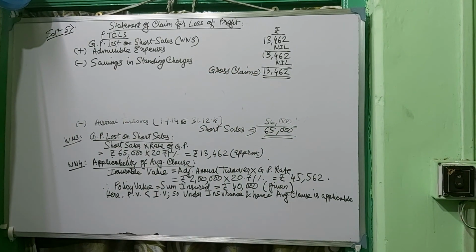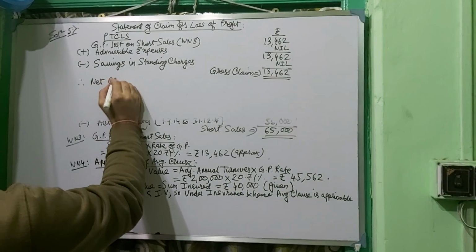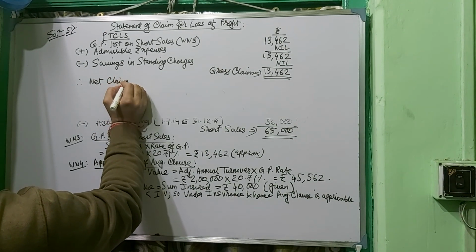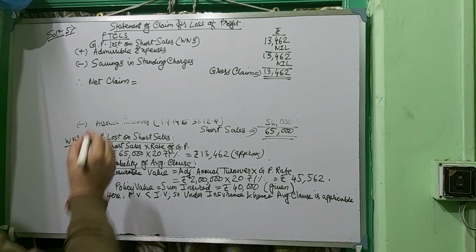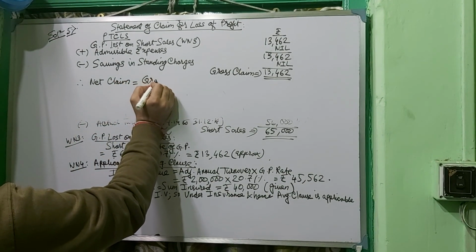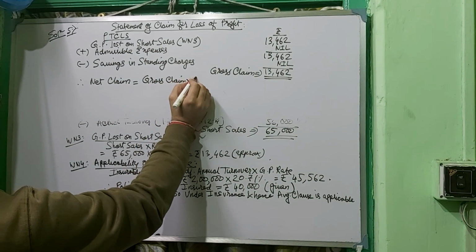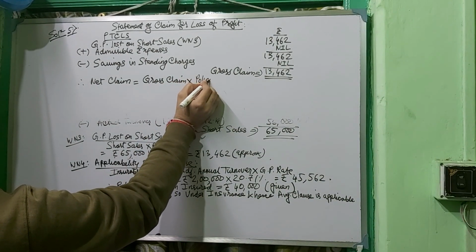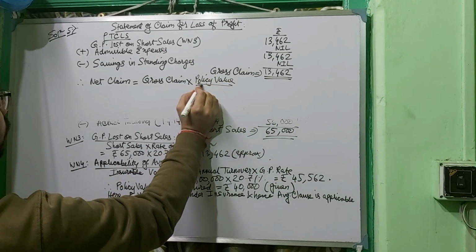Now how can you calculate the net claim? Net claim is equal to gross claim into policy value by insurable value.